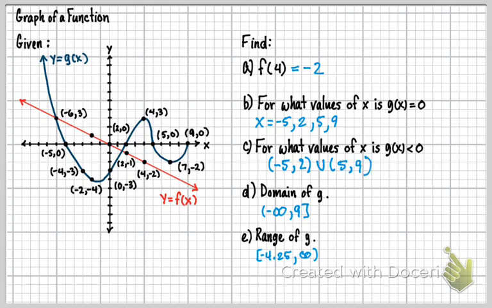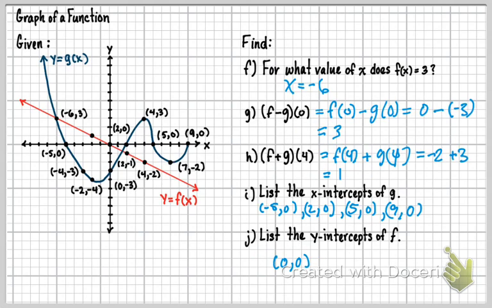So that's going to be my interval for which x values work when g of x is less than 0. Now the reason why I'm using parentheses for these is because this only says less than. If this said less than or equal to, then I would use brackets for all of those. But I can't be 0. I can only be less than 0. So I can get right up to 0, but not be 0. Okay, so that's all of our questions for this one here.